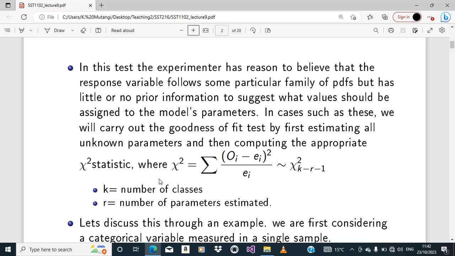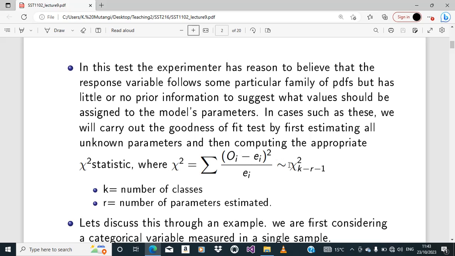And by parameters here, for example, if you are dealing with the Poisson distribution, it is only one parameter, which is lambda, which serves as both the mean and the variance of a Poisson random variable. And the chi-square test statistic is given here: the sum of (O_i minus E_i) squared over the expected frequency E_i.